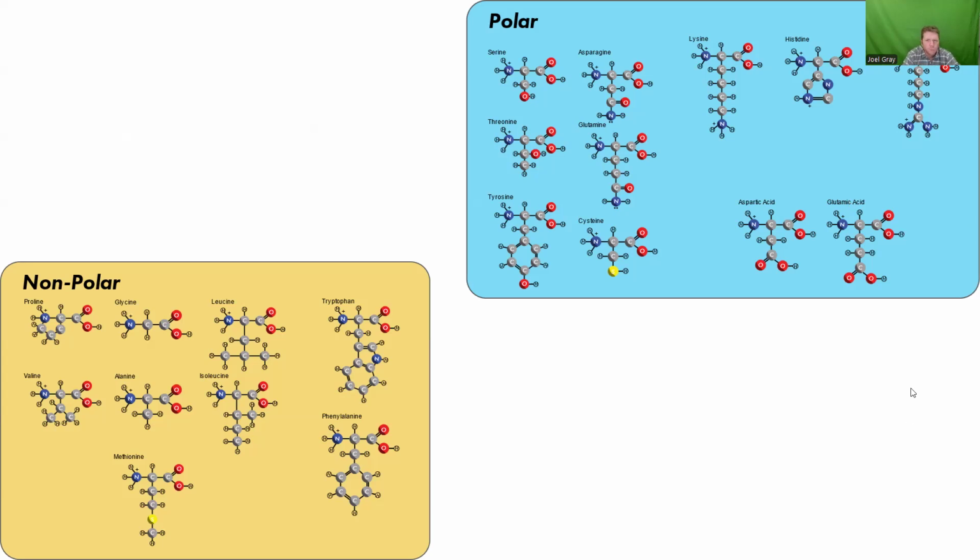When you look at your non-polar amino acids, one of the things that's important to think about, and we're talking about our tertiary and quaternary structure or levels of protein structure, is that we are only interested in the R groups. So I'm going to draw a circle around a couple of different R groups.